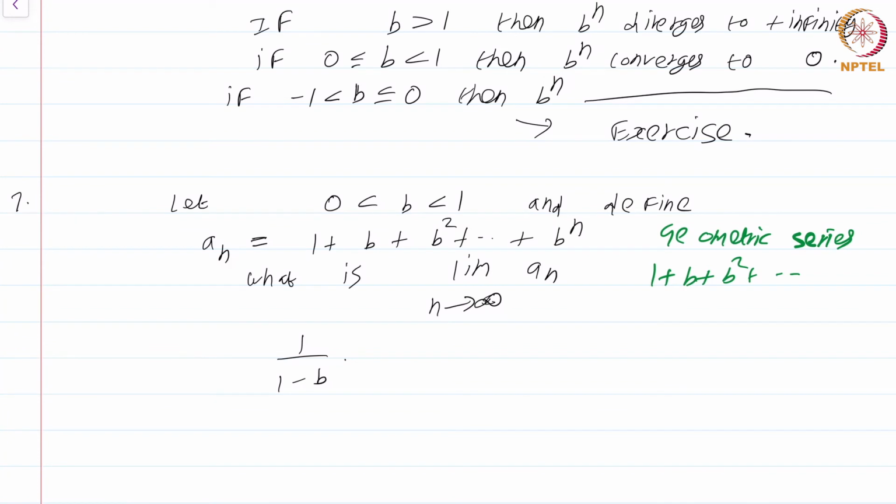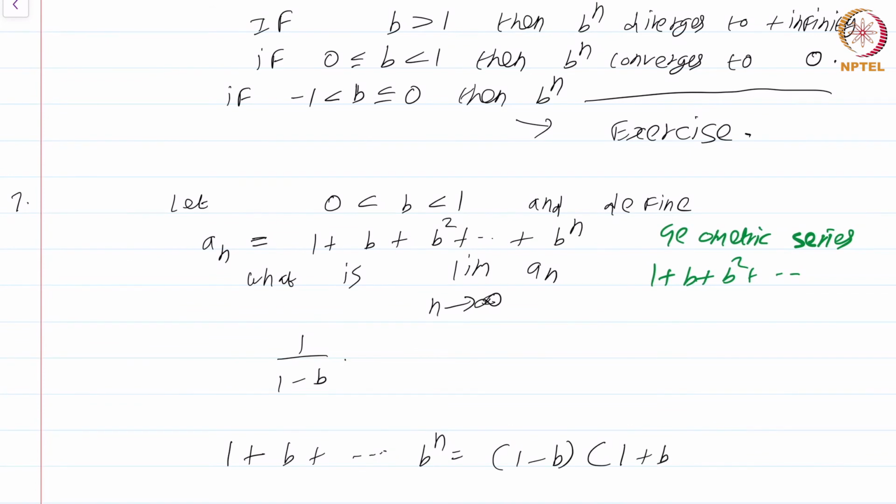How do you show that? Well, it's rather easy. You just have to use a bit of algebra. The bit of algebra is as follows. I need a 1, so I put 1 here. I need a b, so I put plus b here.